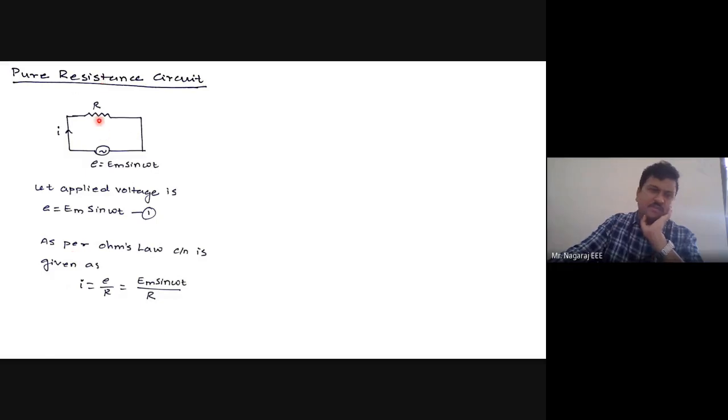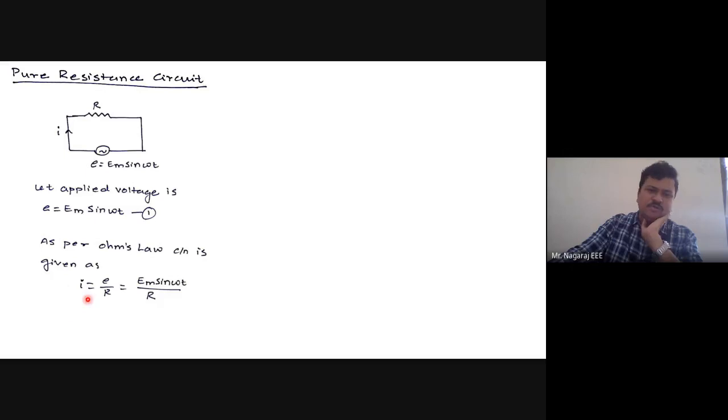I am applying a voltage of sinusoidal nature with the maximum value Em, and I get some current I. From the equation of the current, it is observed that the current is sinusoidal.